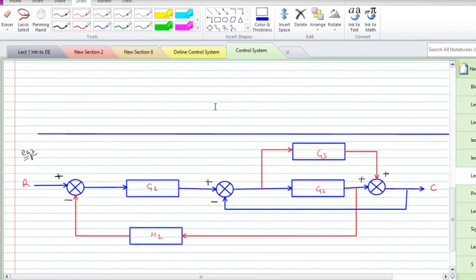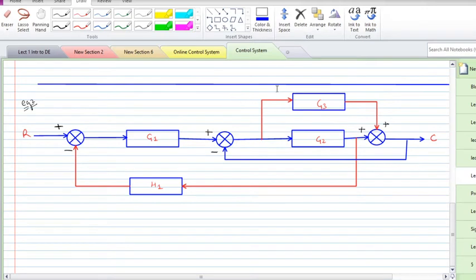Now take another example also. Here it consists of three summing boxes. Let us suppose the summing boxes are named S1, S2 and S3. You have to take this as a separate node.